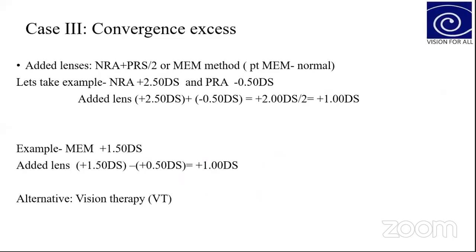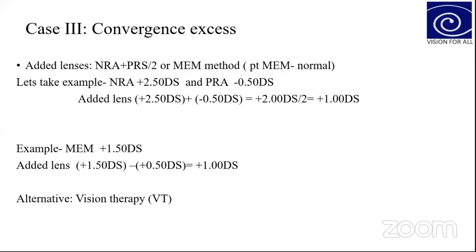In convergence excess we give the added lens in several modes: the negative relative accommodation and positive relative accommodation method, and sometimes the MEM method as well. Most commonly we use the NRA and PRA method. As I already explained how to give the added lenses.